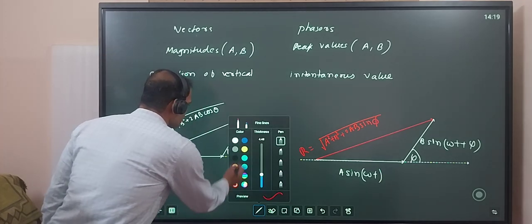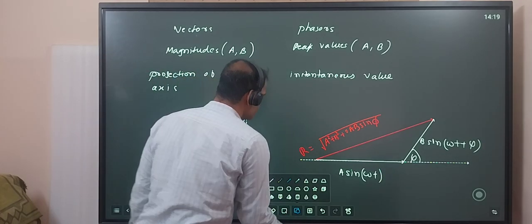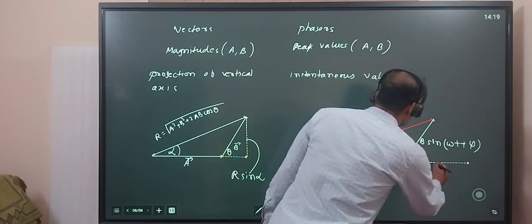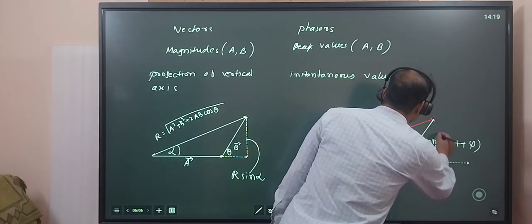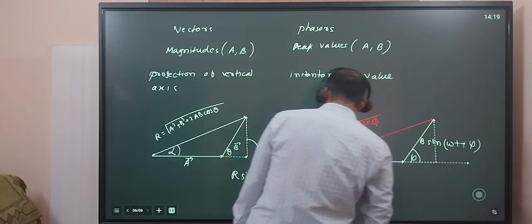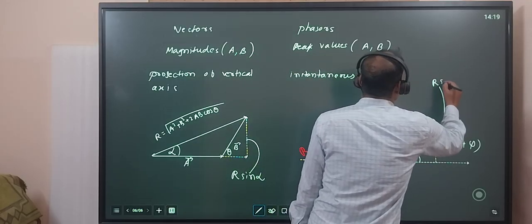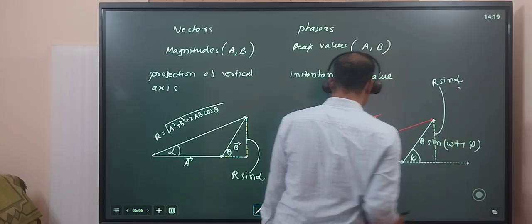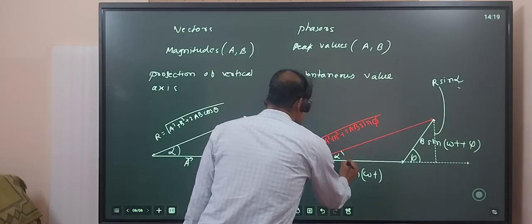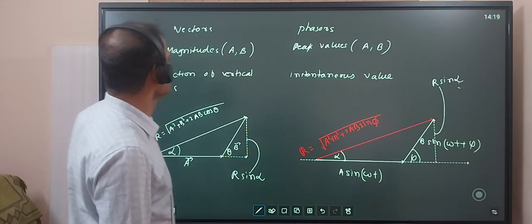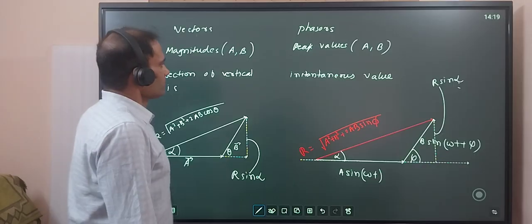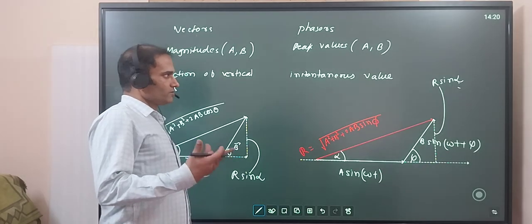For the instantaneous value of current, we will see the projection on the vertical axis. You can clearly see that this is r sine alpha, and alpha is this angle.